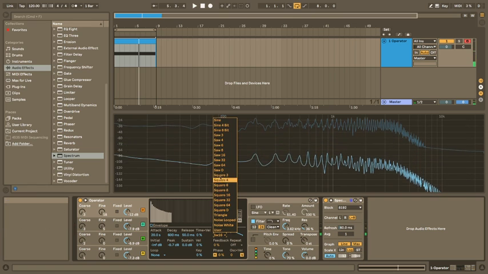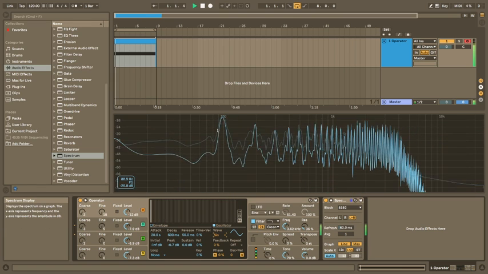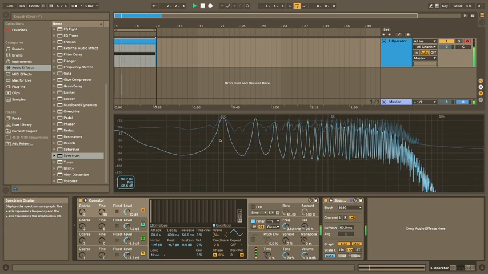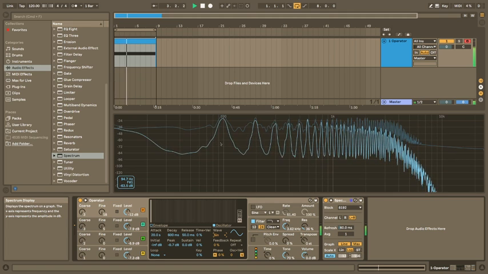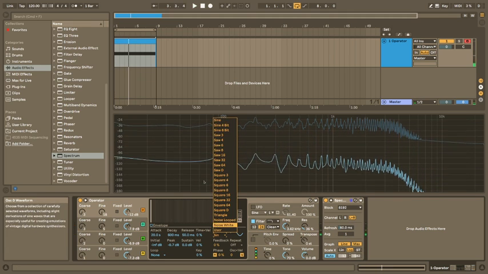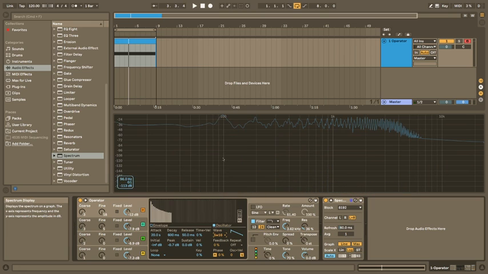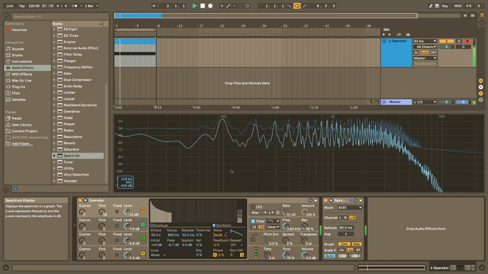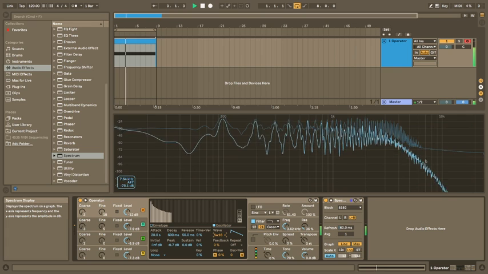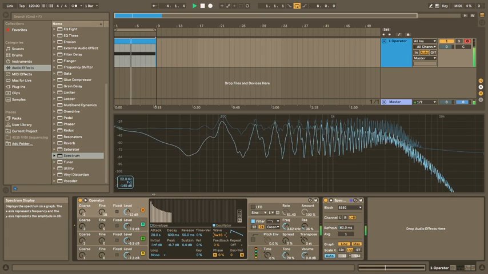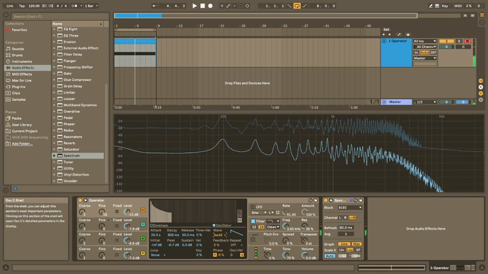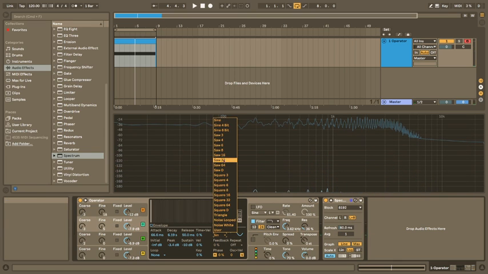That difference. Let's hear it in sine again. And then with the sawtooth wave, it takes a little bit for it to kick in. Okay, let's try this one with a square wave now.